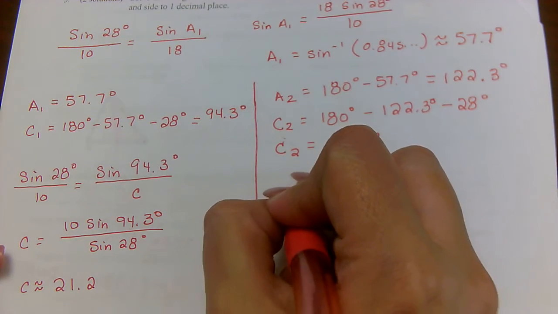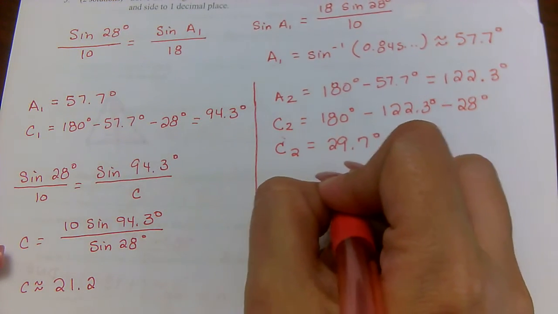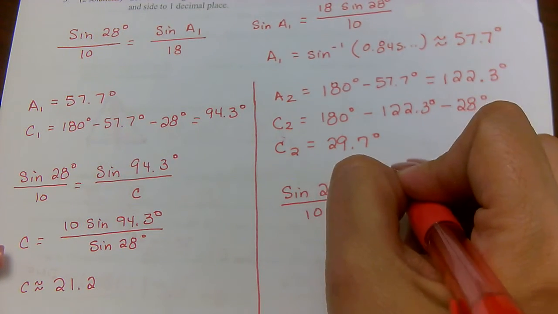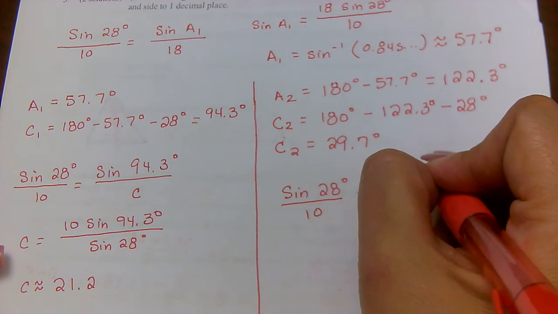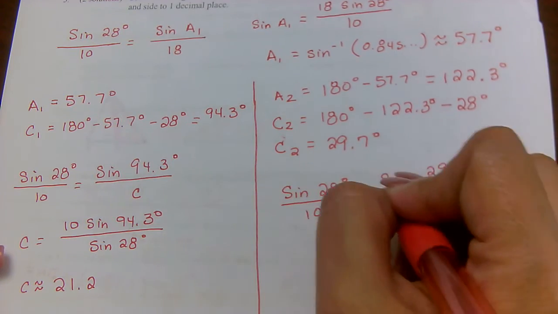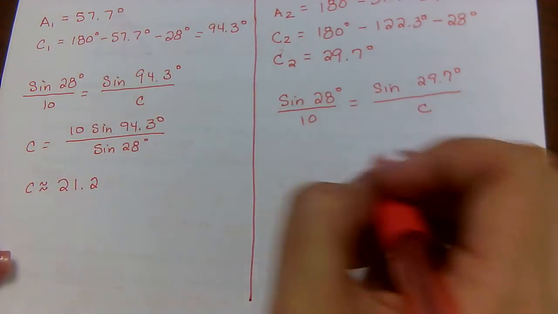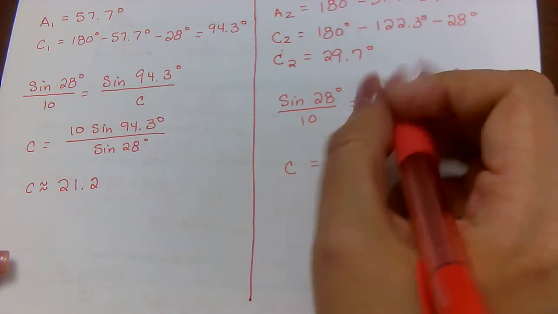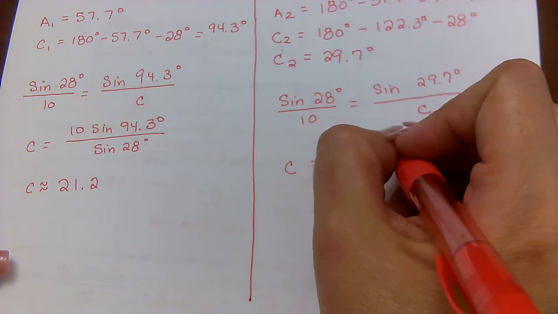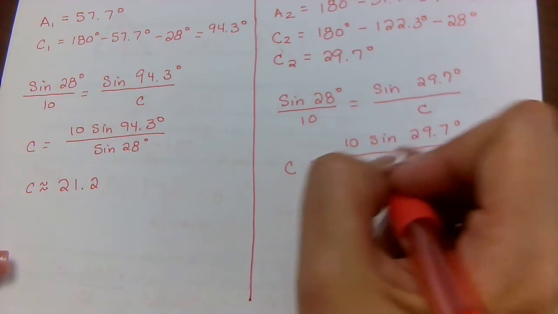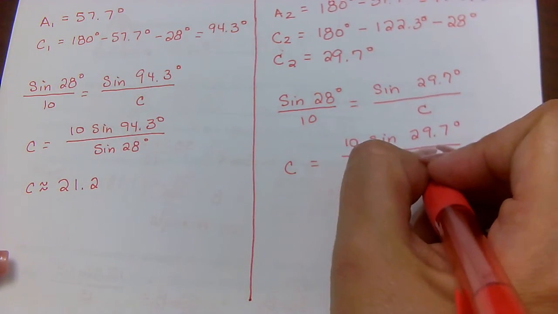Use the ratio. Sine of 28 divided by 10 is equal to sine of 29.7 divided by little c. Bat and ball, C is equal to 10 sine 29.7 divided by sine of 28.